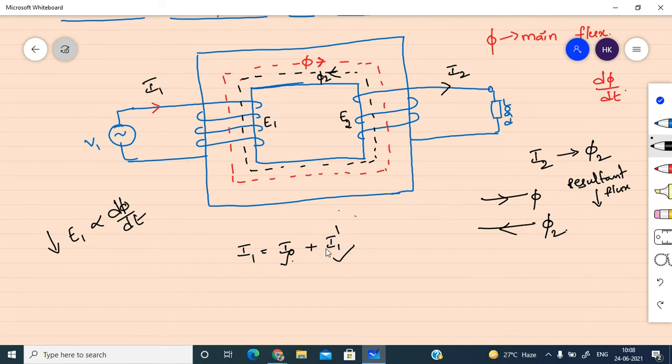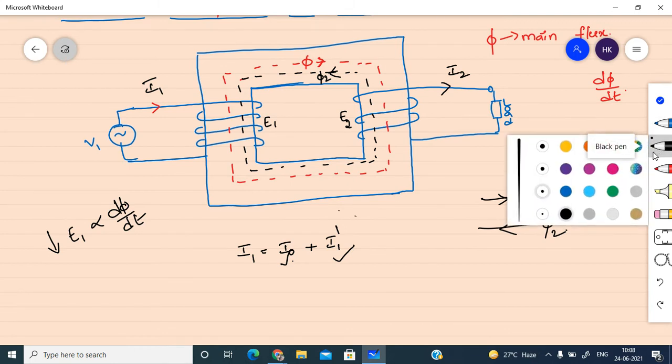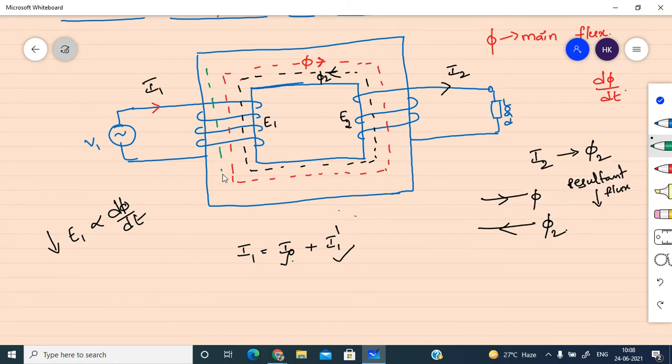And now due to this additional current I1 dash, again some flux will be produced. And that flux, assume it as phi 1 dash. This flux is phi 1 dash. This will be in opposition with phi 2. So the transformer will draw an additional current that is sufficient to cancel out this phi 2.